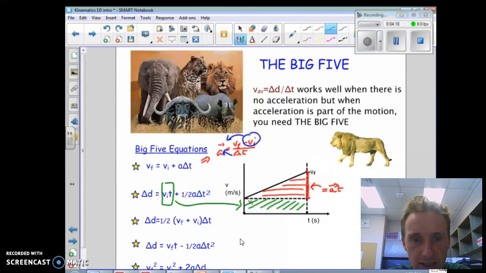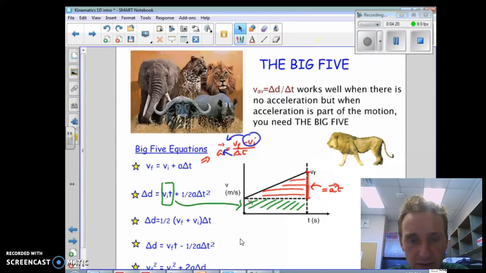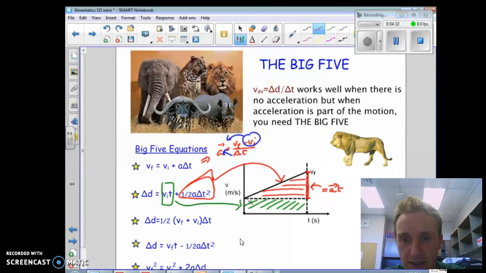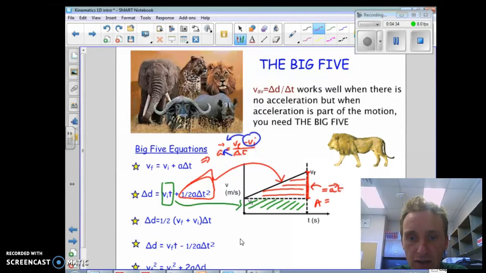The second equation is when we need to get the displacement. Remember, the displacement on a v-t graph is the area under the curve. The green portion is v times t, the rectangular portion. The red portion is derived from half base times height.